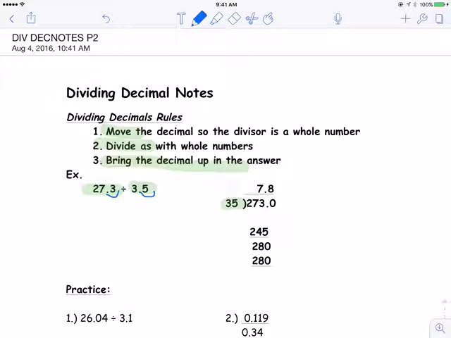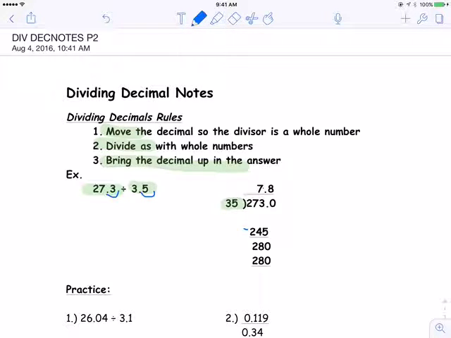Well, our best guess is 7. 7 times 35 is 245. Then we subtract and we get 28 left over, so we add a 0. And 35 goes into 280 8 times. So then we bring up our decimal.